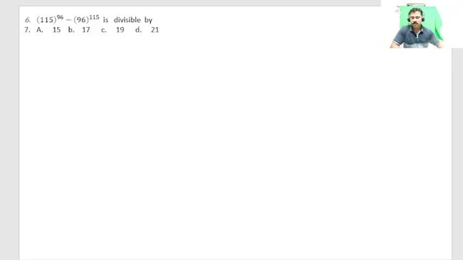Now come to the next question, that is 115 to the whole to the power 96 and 96 whole to the power 115 is divisible by which of the following numbers? Clearly here we find that is here 115 whole to the power 96 minus 96 whole to the power 115.